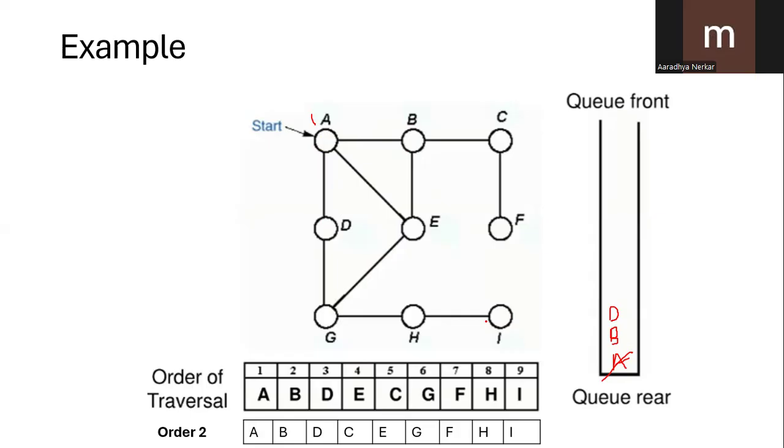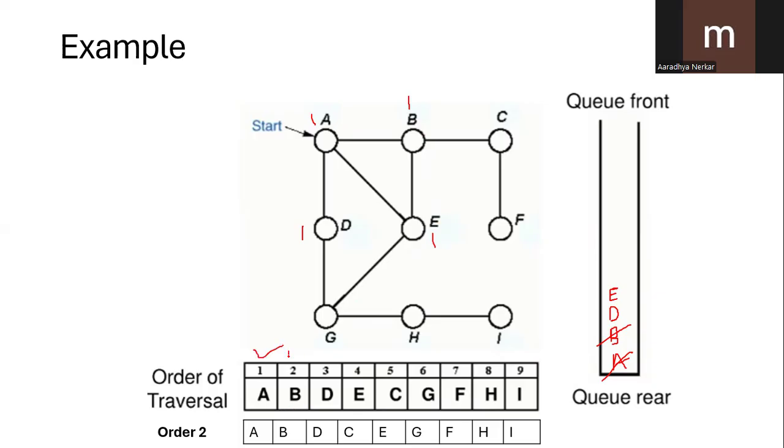Now, the third adjacent vertex of the vertex A is E. Now, after this, we will set these vertices as visited one. Now, after this, we will dequeue the node B and we will display it.